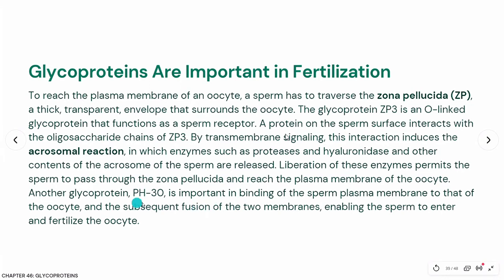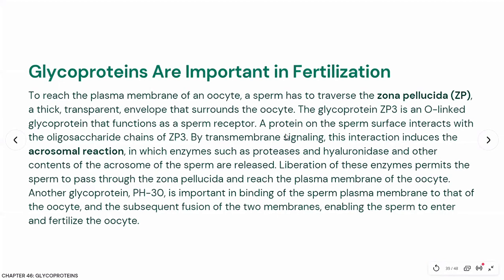Another glycoprotein, PH30, is important in the binding of the sperm plasma membrane to the oocyte and subsequent fusion of the two membranes, enabling the sperm to enter and fertilize the oocyte.